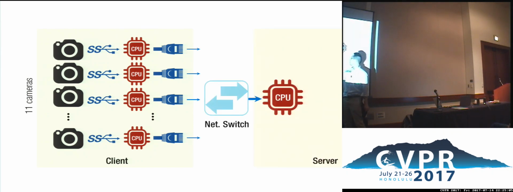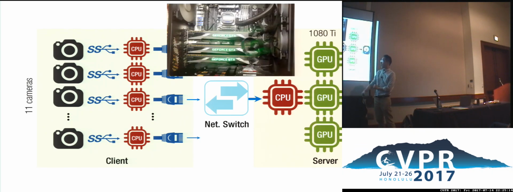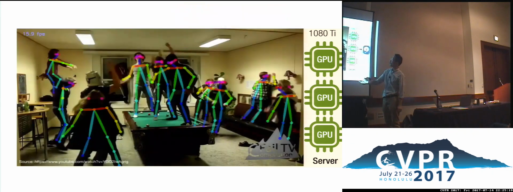And there's a network switch, which communicates with the main server in this big box. Okay? And we added 3 GPUs that are responsible for OpenPose. It gets the images and runs OpenPose for each frame. And then we do the triangulation to do the markerless motion capture in 3D.